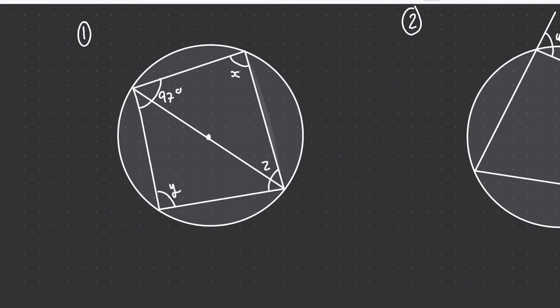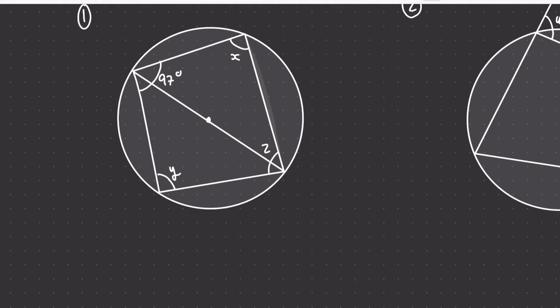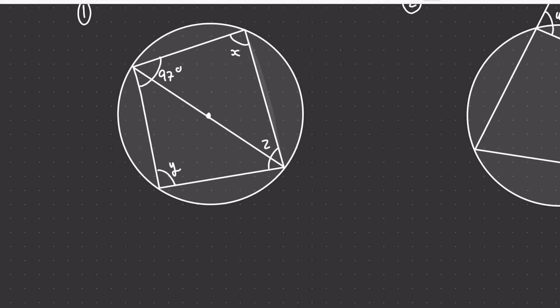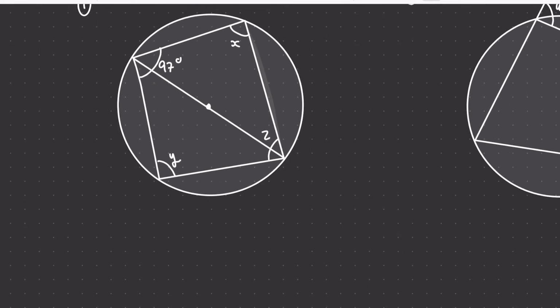Okay, so first of all, you're using the rule that tells you about the cyclic quadrilateral. We can find out z because we know there's opposite angles at 180 degrees. So 97 plus z equals 180. Take away 97 from both sides and you get 83. And now, how are we going to do x and y?